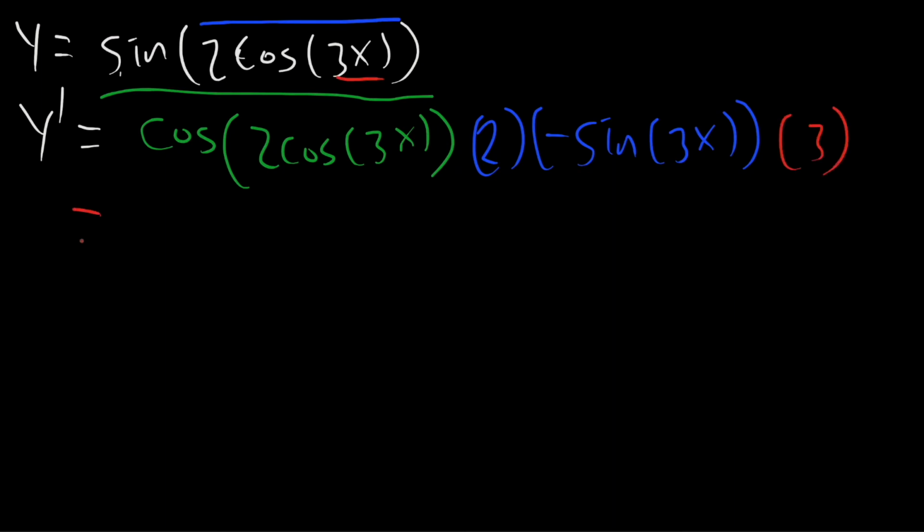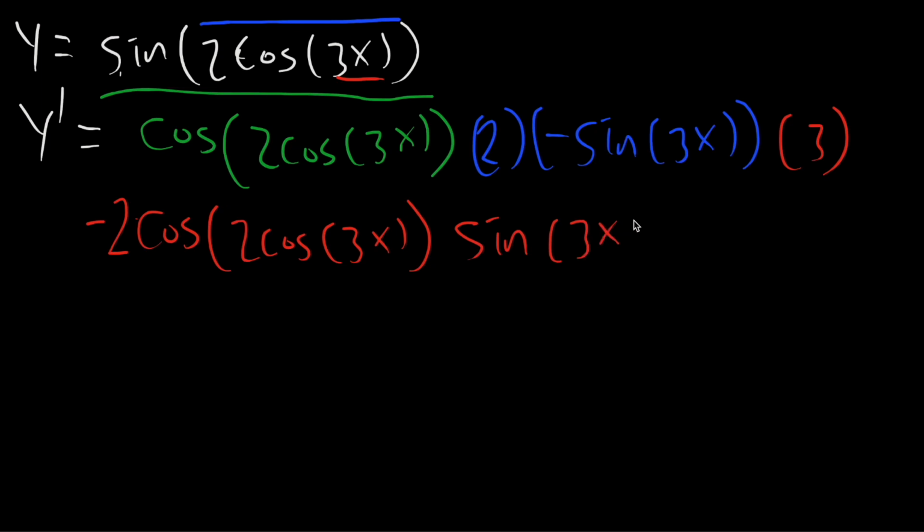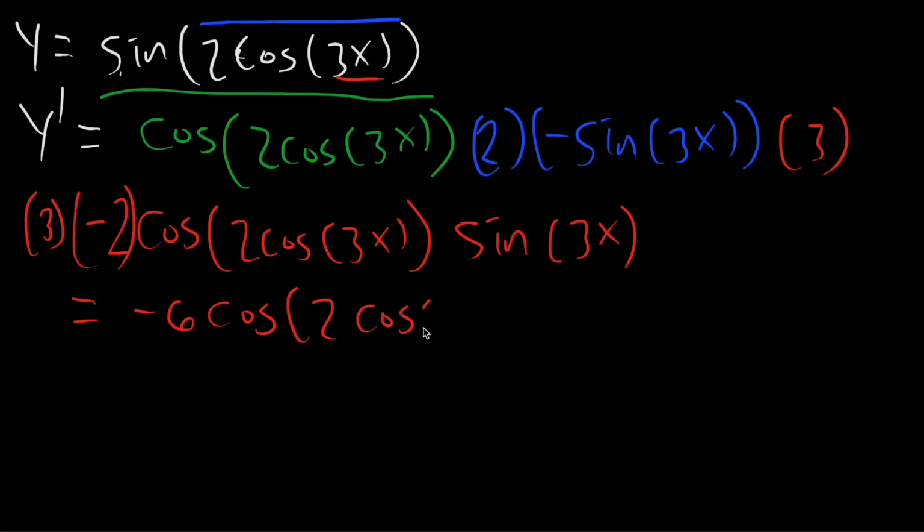So this is equal to cosine (2 cosine 3x), and then you have a 2, so you can move it to the front, and a negative sine 3x, so you're going to have a negative sign in front, times sine 3x, and then you have a 3 here, and a 3. So this is going to be equal to negative 6 cosine (2 cosine 3x) times sine 3x.